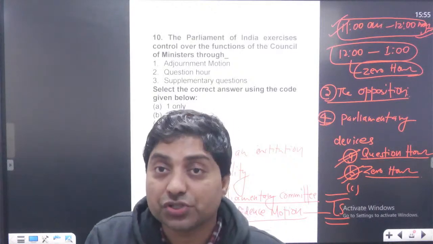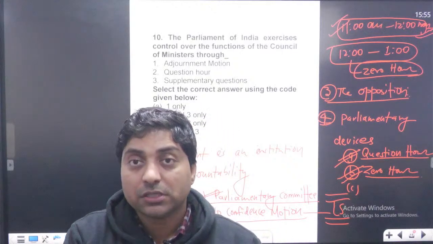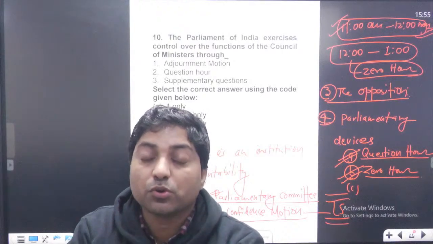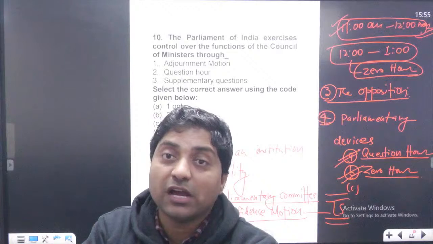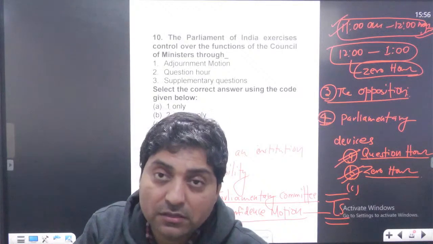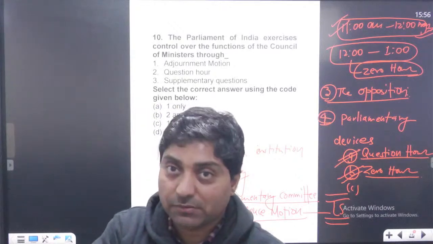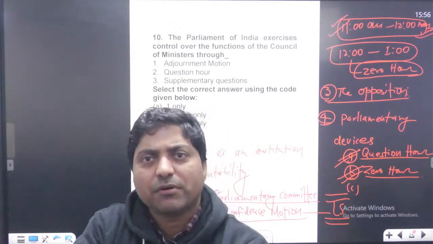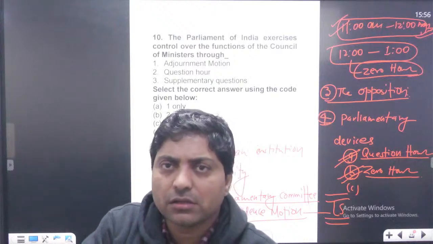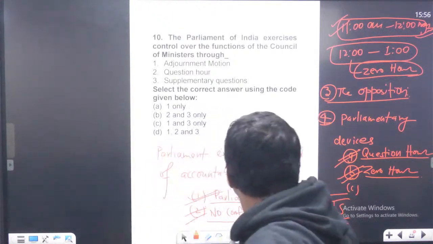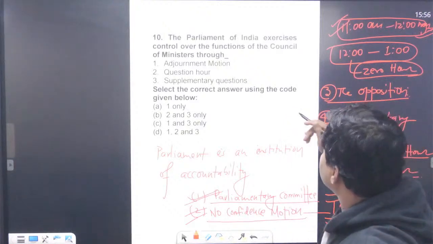But during question hour, a member submits questions 15 days ago, at least 7 days ago, to get a response from ministers. But in zero hour, it is just a one-to-one question. So zero hour is one of them.